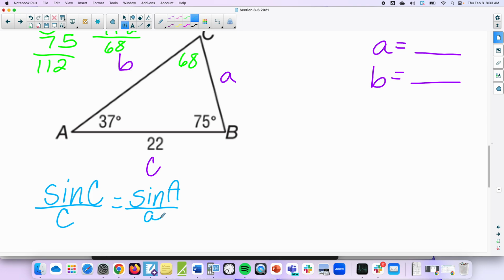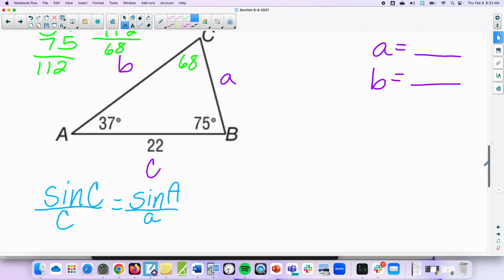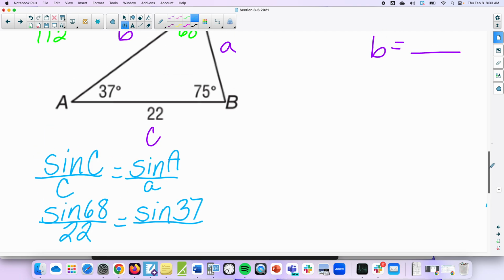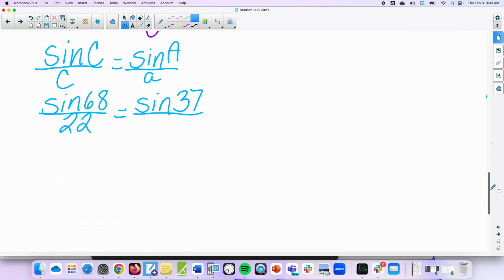Okay, so I would go sine of 68 over 22 equals sine of 37 over little a. Okay, then I'm gonna do cross products.